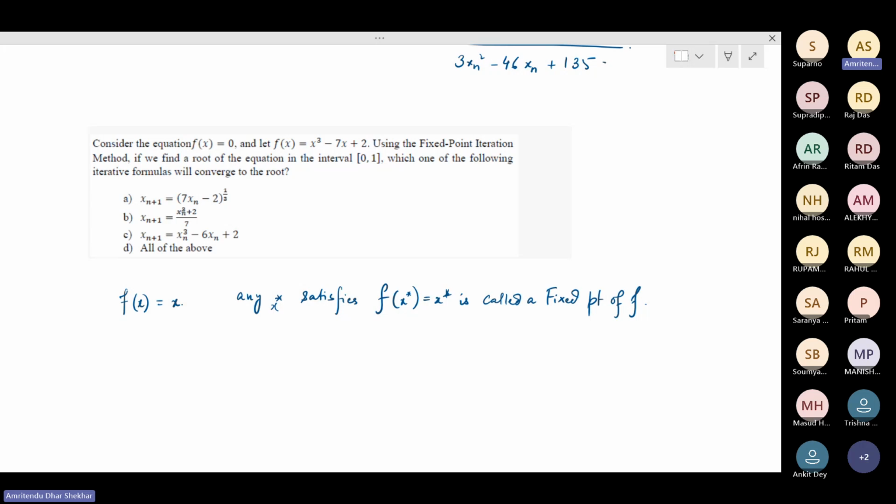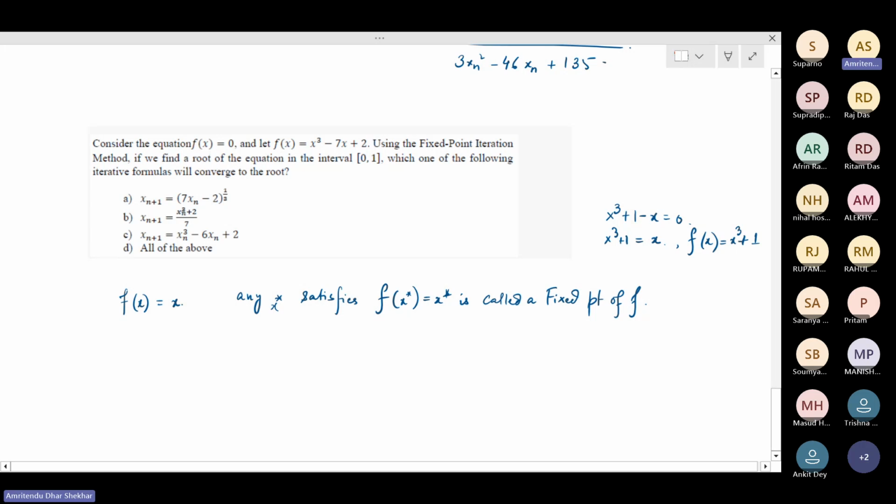Now, there are many equations which can be recast to basically solve for a fixed point. So let's take an example. Let's say you have a cubic equation of the form x cubed plus 1 minus x equals 0. You can write this as x cubed plus 1 is equal to x, where f of x is equal to x cubed plus 1.